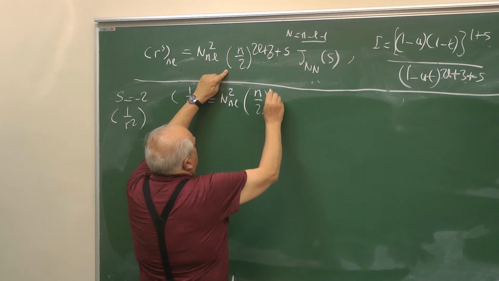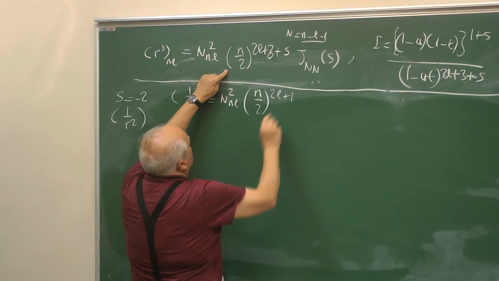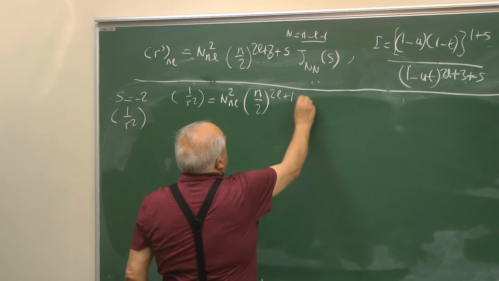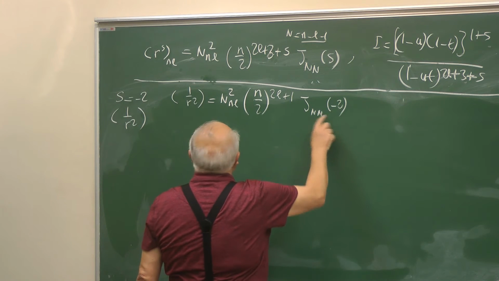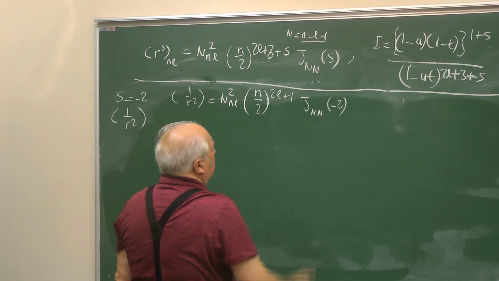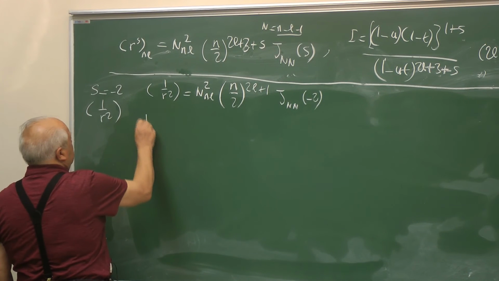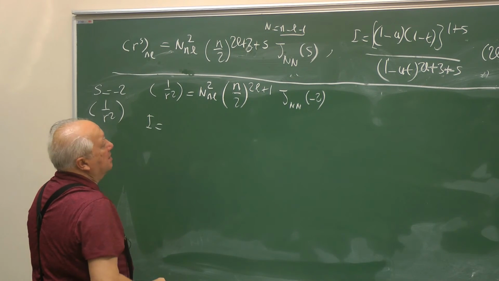This is minus 2, so this is 2L plus 1, J N minus 2. So we have to compute this one. So let me write the integral for this.